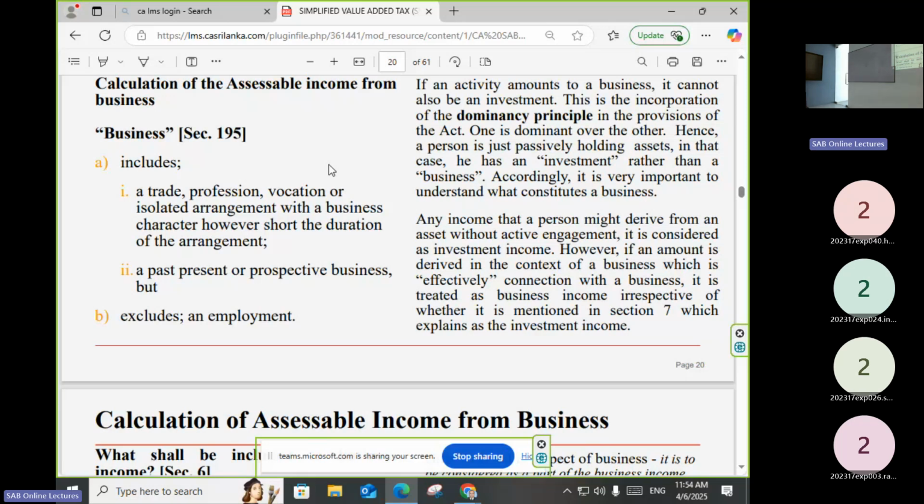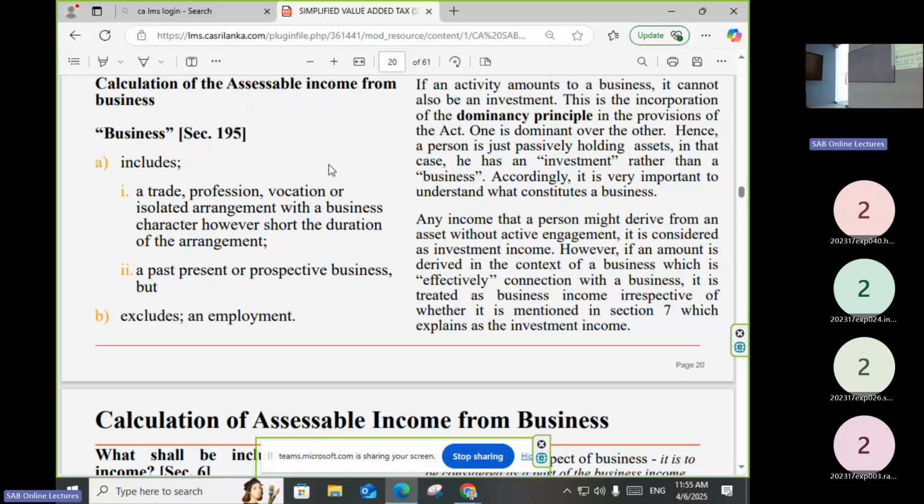So what is a profession? An example for a profession? Lawyer. Okay, good. Lawyer, architect, doctor. Yes. So a profession means they have obtained a professional qualification.